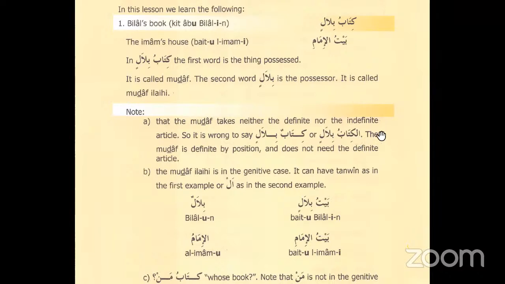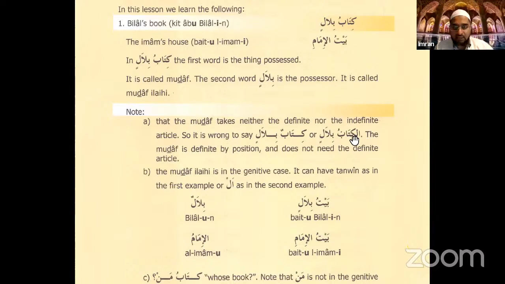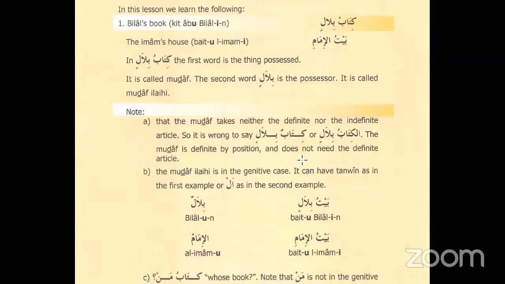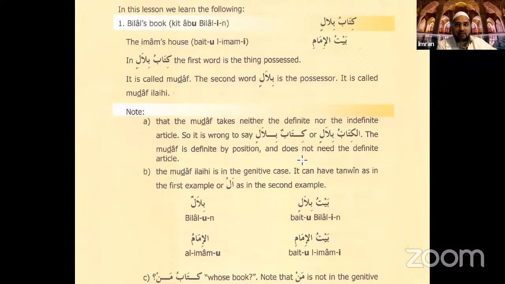We cannot say al-kitabu, nor can we say kitabun. It can only be kitabu bilalin, because anything which becomes the ownership of only someone becomes a proper noun, because it's one individual, not several individuals. So that's the reason why we say neither al-kitabu nor kitabun.